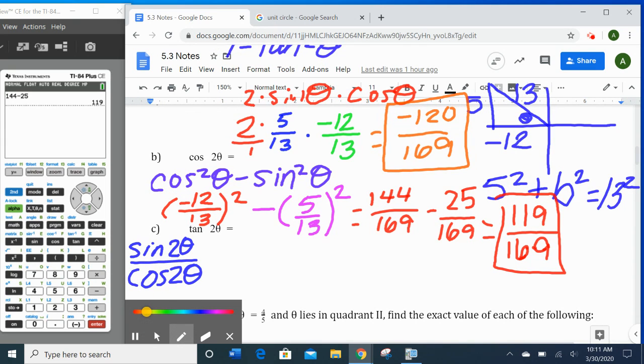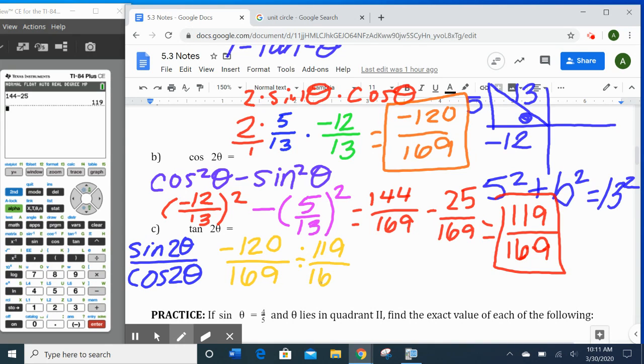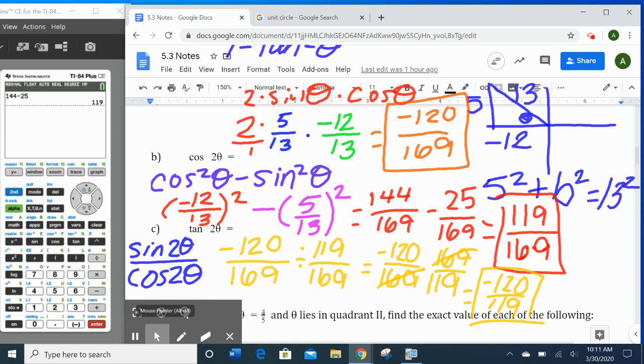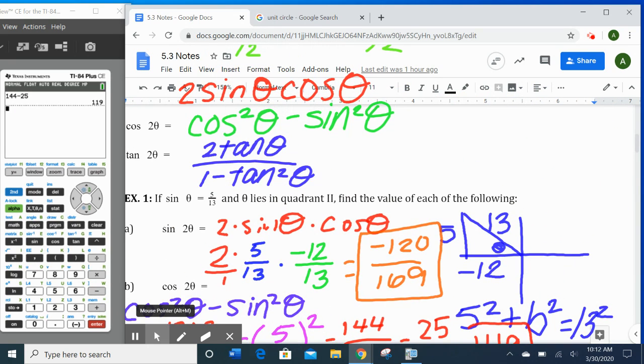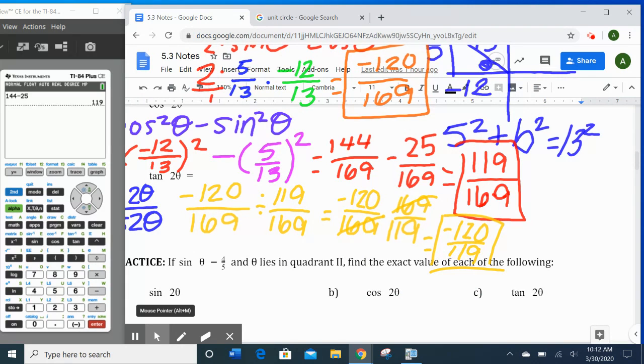I'm going to take negative 120 over 169 divided by this 119 over 169, which is the same thing as negative 120 over 169 times 169 over 119. And before you start multiplying, the 169's cancel. So the tangent of 2 theta is negative 120 over 119, which is the same answer that you get if you use this tangent formula, but I'm just using sine over cosine.